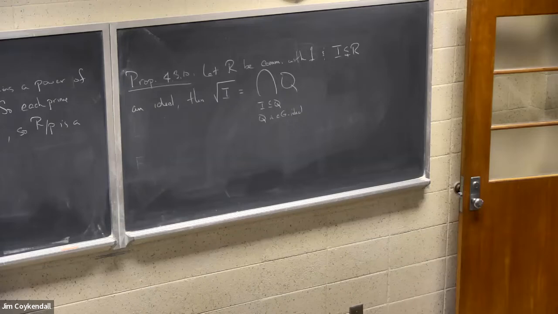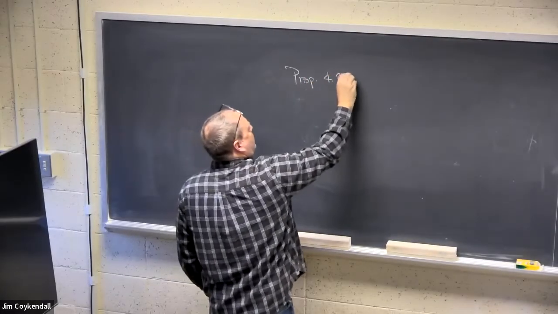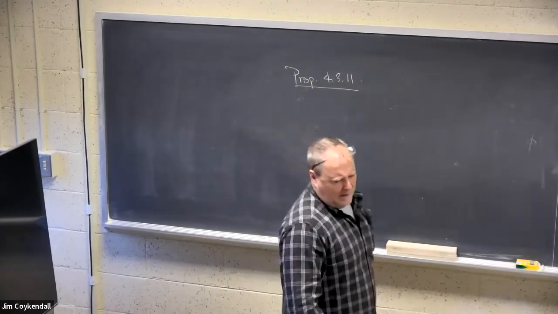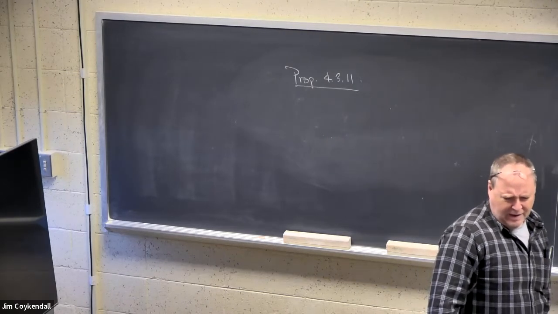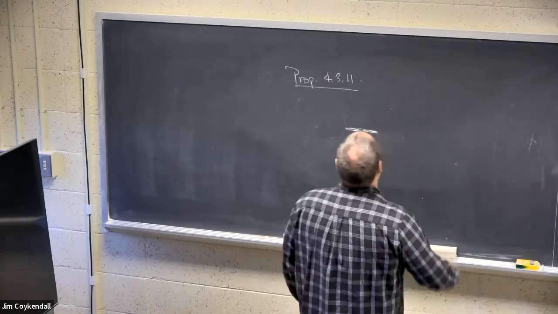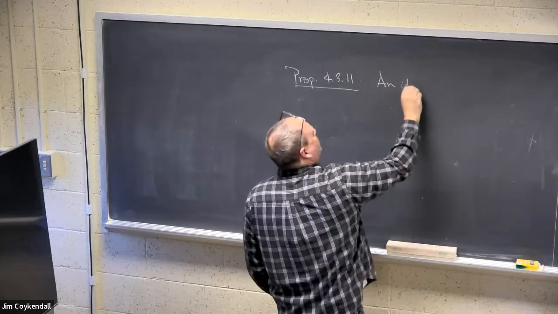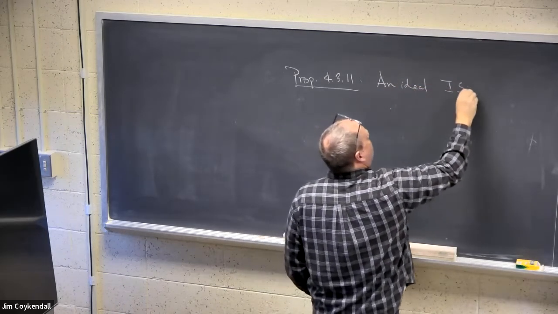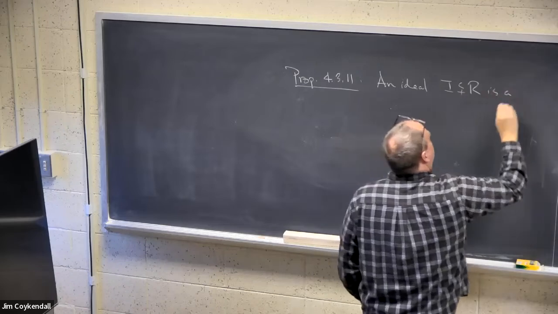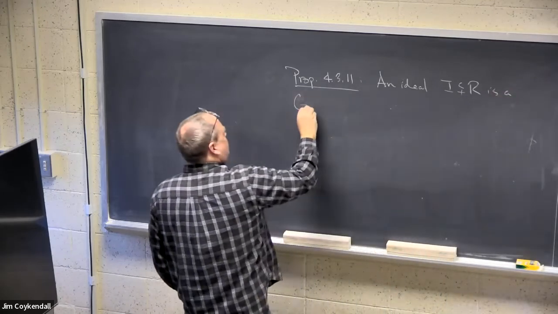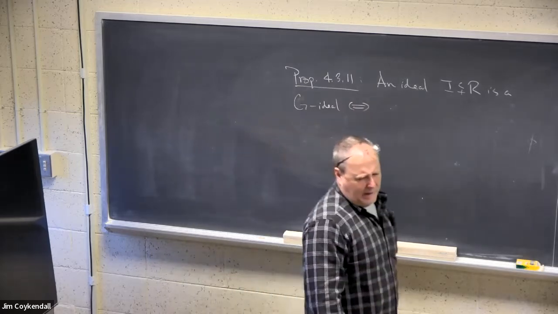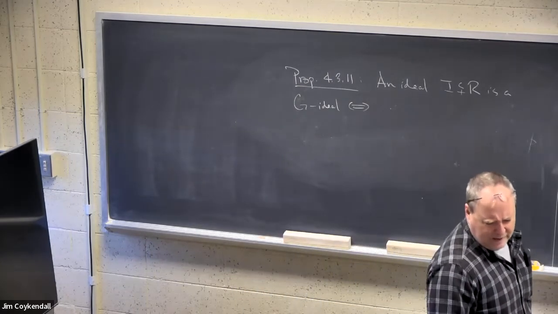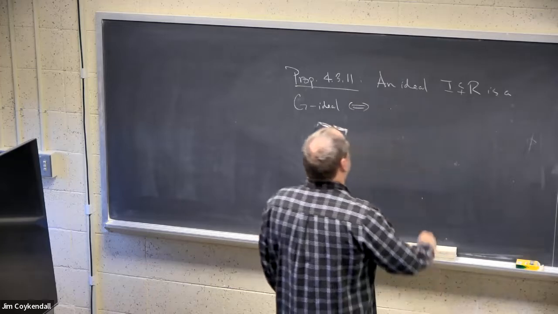Okay, so proposition. An ideal I in R is a G-ideal if and only if it is the contraction of a maximal ideal in R[x].